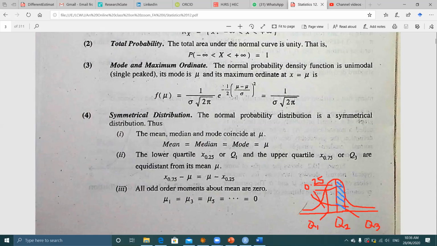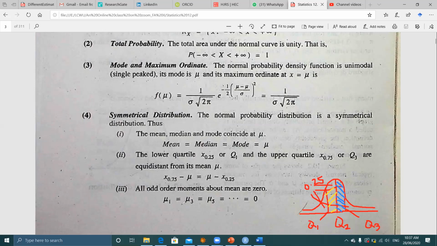This area is equal to the area if I shade beyond this line, for example, this one, the area in yellow color. They are the same. So this is your second property.